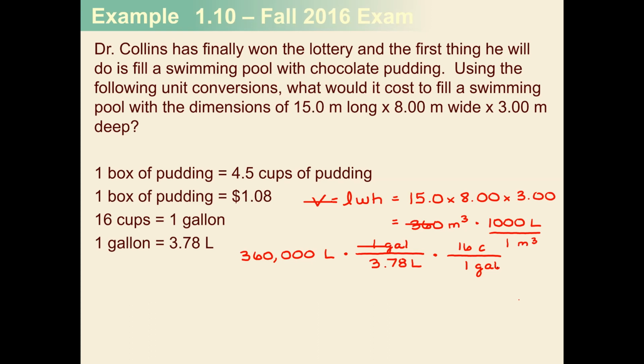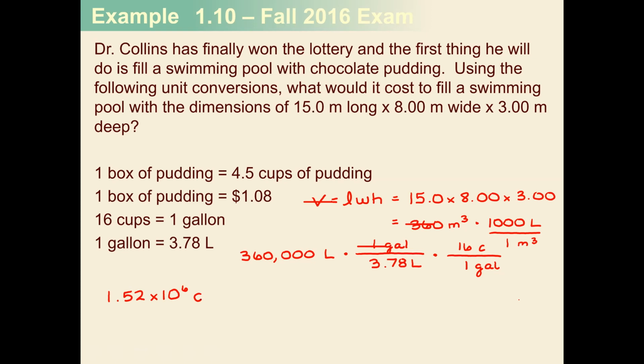So I would take my 360,000, divide it by 3.78, and then multiply it by 16. So right now, based off of my answer, I would have a total of 1.52 times 10 to the 6th cups.